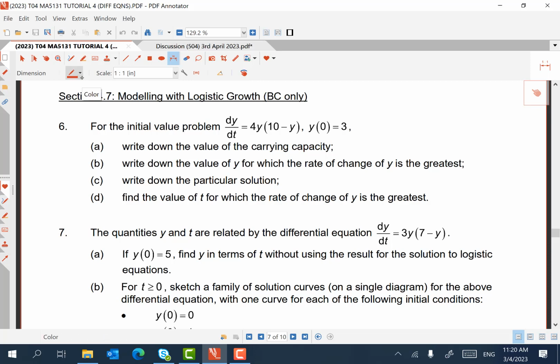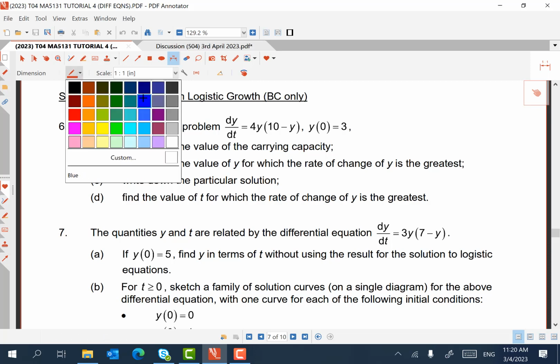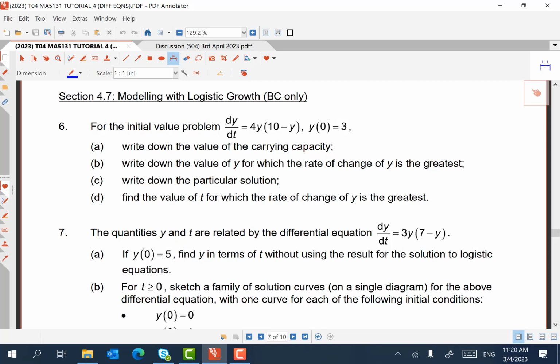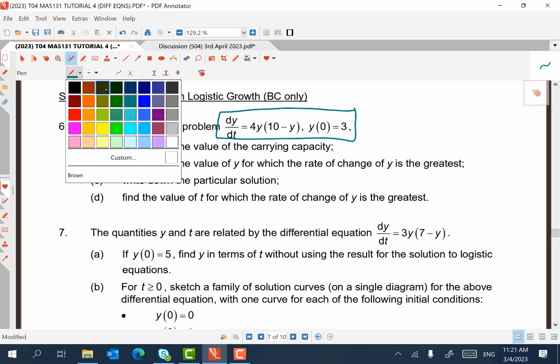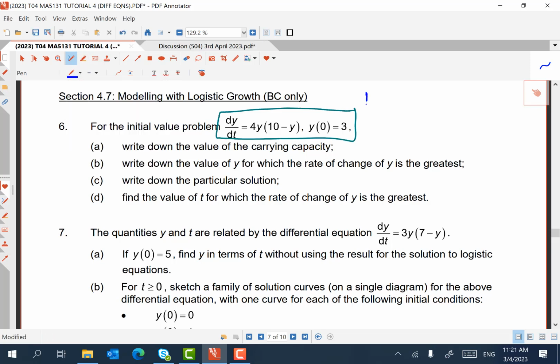You know, for this logistic model, you just have to do it the way we talked about. You just have to do it by looking at the equation. You want to immediately write down that k is 4, L, called the carrying capacity, is 10, and your y0 is equal to 3.